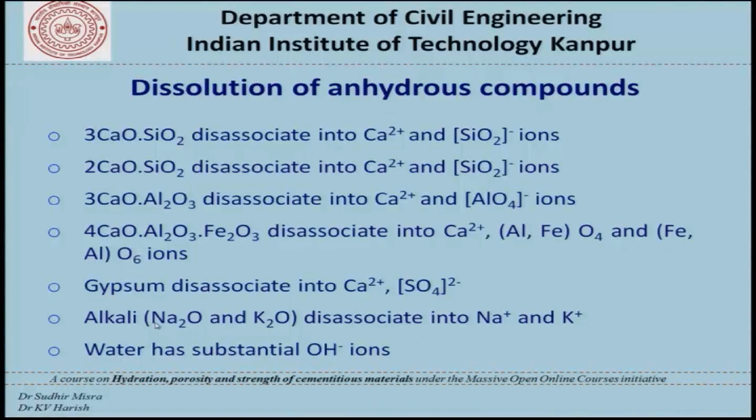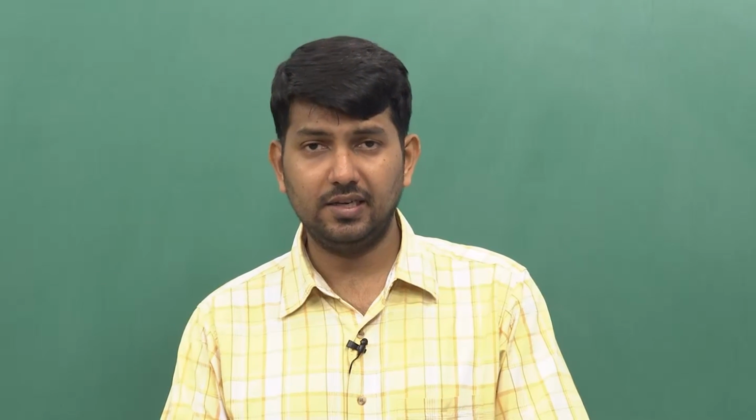And in addition to that, you also have minor compounds like alkalis, namely Na2O and K2O, which dissociate into Na+ and K+ ions. And remember that since we are adding water to the system, water is also substantially present as H+ and OH- ions, and in this case OH- largely dominates.